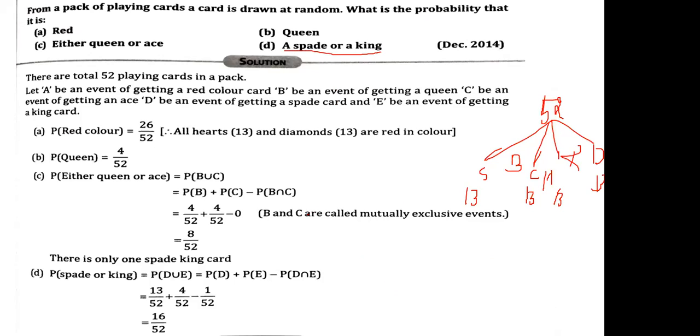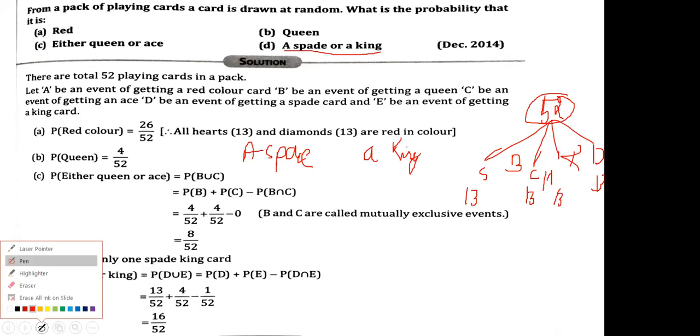Now there are two possibilities. One is a spade. What is the probability of taking a spade card? Or another one is selecting a king card. Now the total number of cards is 52. That is understood.